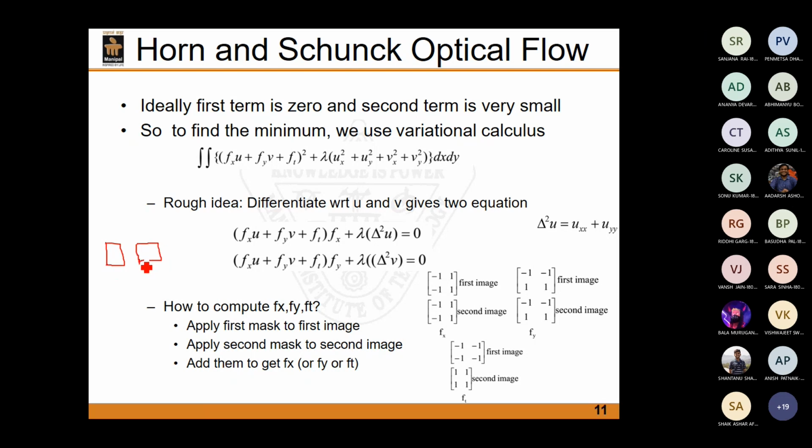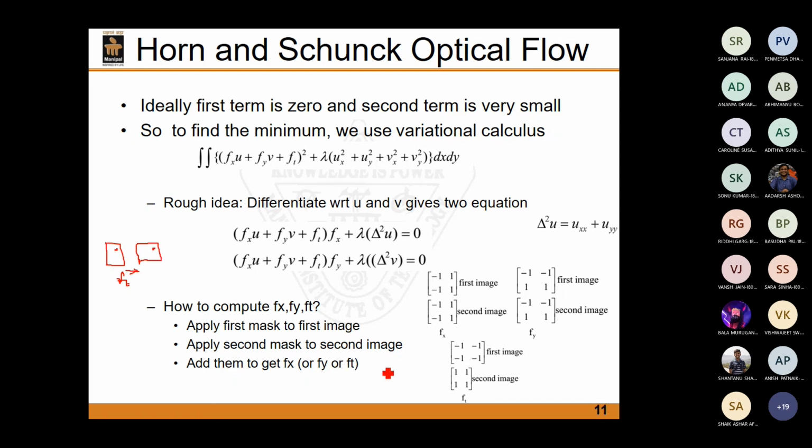When you're calculating ft, you're trying to see what the changes are along the time axis. Let's say I'm considering a particular pixel point over here, and another pixel point over here. I'm trying to find out the difference between these two, between two consecutive frames.